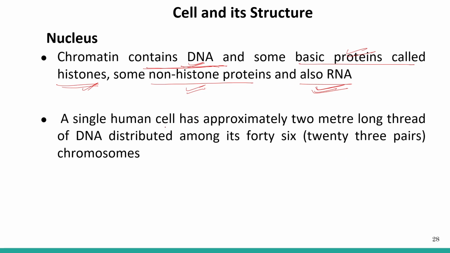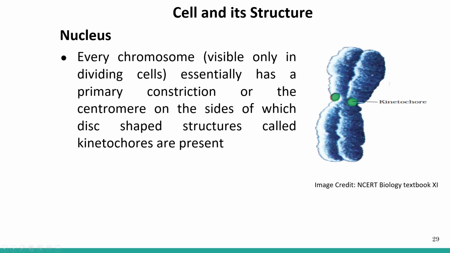A single human cell has approximately 2-meter long thread of DNA distributed among its 23 pairs of chromosomes. So if we join all the chromosomes in the form of chromatin material, it is a 2-meter long thread-like structure.